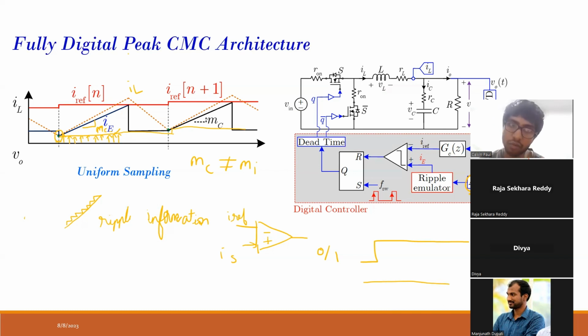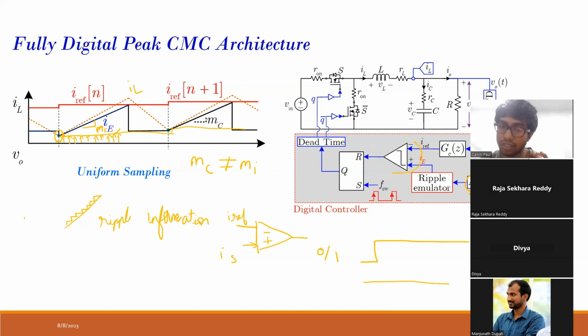So the actual practical inductor current which is flowing is different from the emulated current in our digital platform. That also is okay. That also is permissible, but we are still able to control our DC-DC converter.